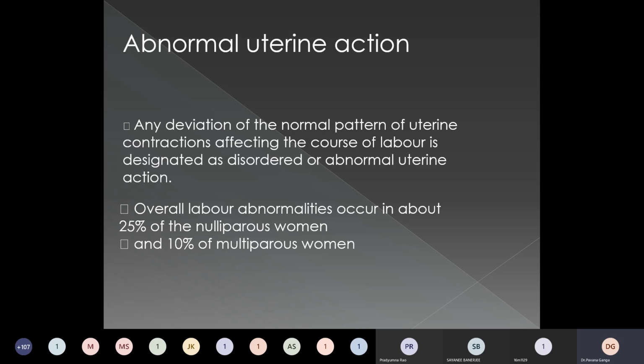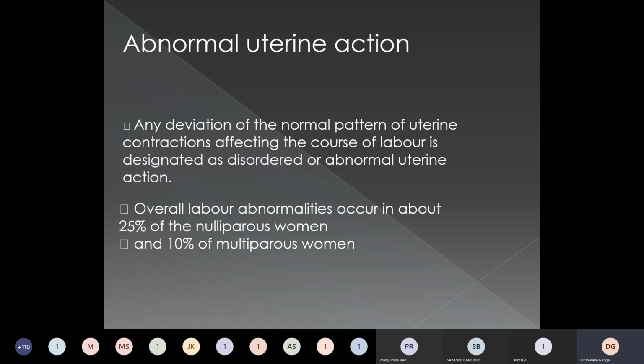She was having adequate good contractions and labor was progressing, but there was prolongation, as a result of which the lady starts to have a reduction in her contractions. The pain absolutely disappears, the uterus will not contract at all. Then also you call that it is an abnormal uterine action. Or suddenly the uterus may start acting very much, like there can be a continuous contraction without a relaxation. Then also it is abnormal.